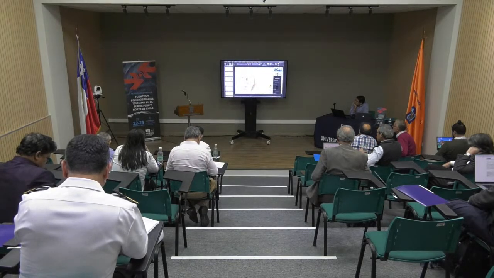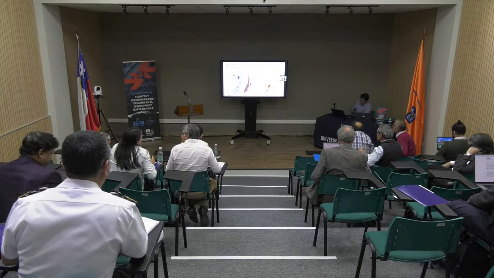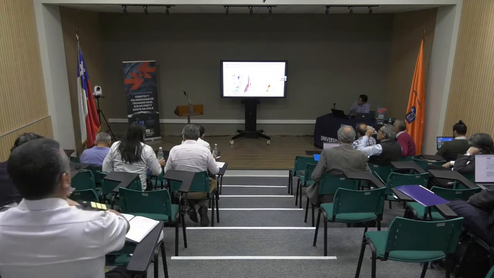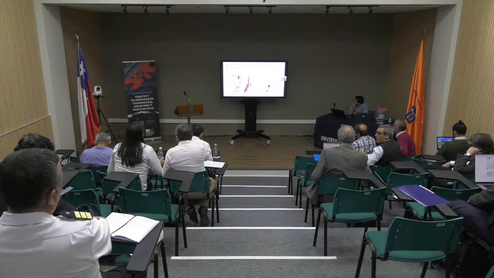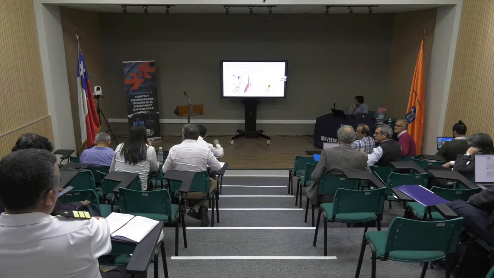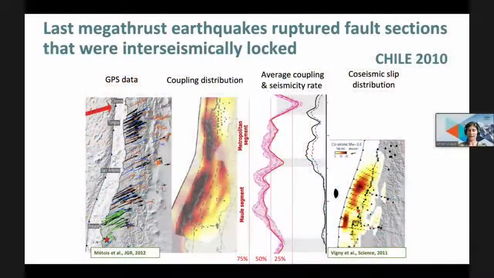All right, so as I was saying, on the left, do you see my screen now? Do you see the Maule thing? Yes. So we have the interseismic GPS velocity field, which was measured before the Maule earthquake. It's mostly campaign measurements that happened in Chile at the time. And when one inverts this velocity field, you can obtain the following coupling distribution.